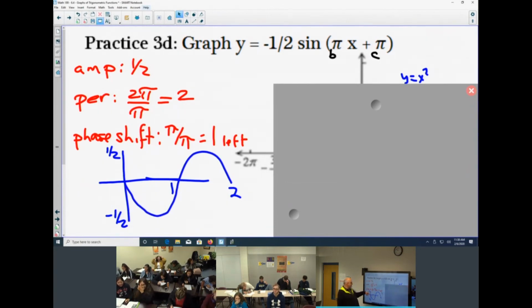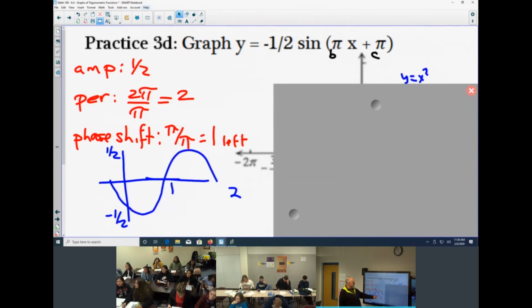Since it's negative, I'll flip it down, and I'll have it only go from 1/2 to -1/2, so I'll label it like that. The period is 2, so I'll have it go from 0 to 2. Then I'll move it 1 unit to the left, so where this 2 is, I'm going to put that on the 1. And boom, there it is.